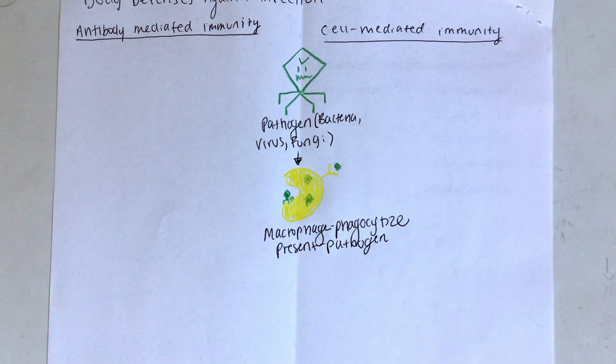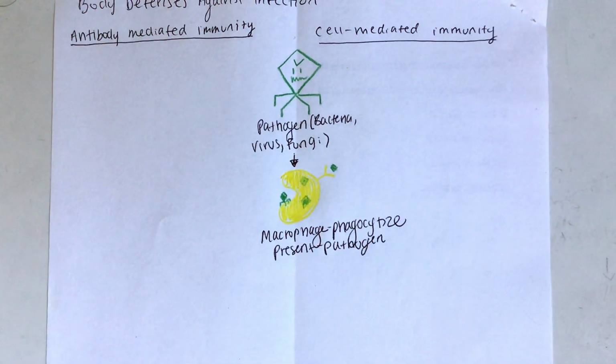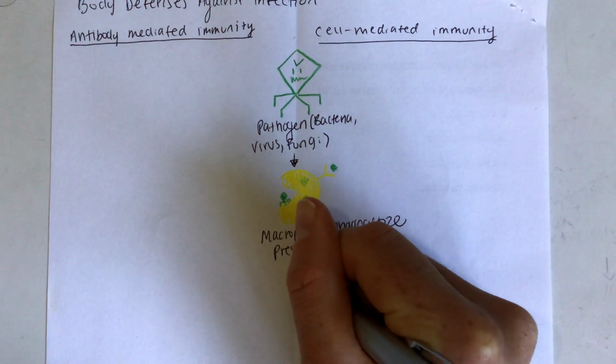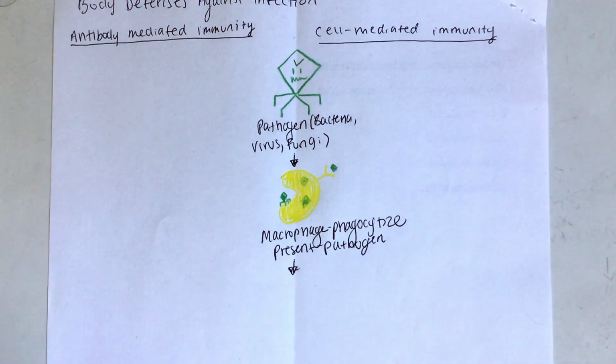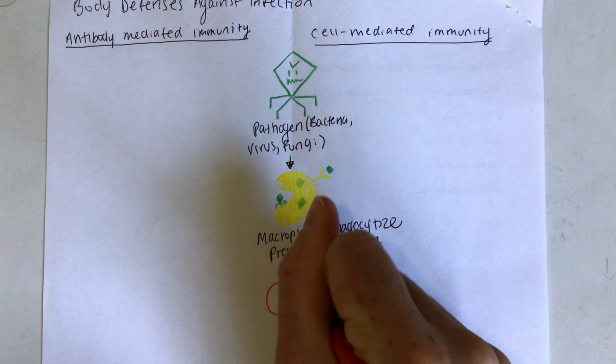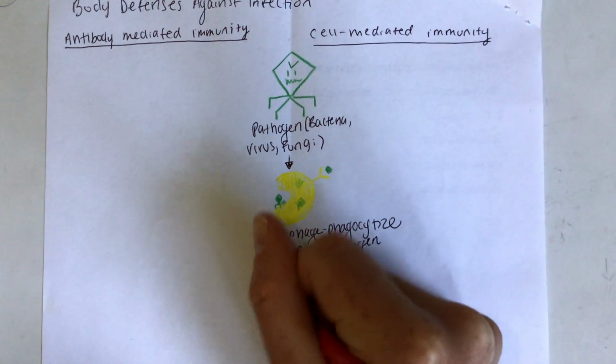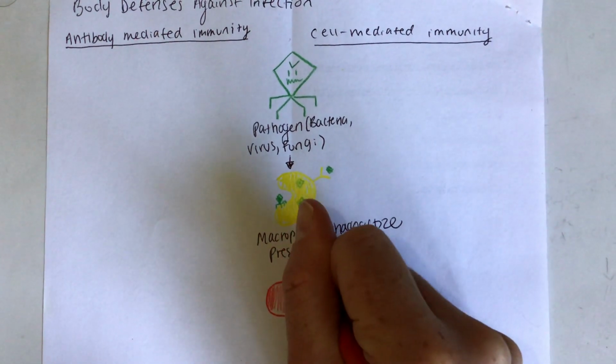I'm going to use red for this. Helper T cells are another type of cell. They do have a nice little nucleus. So I'm going to shade it in and draw a nucleus in the center.